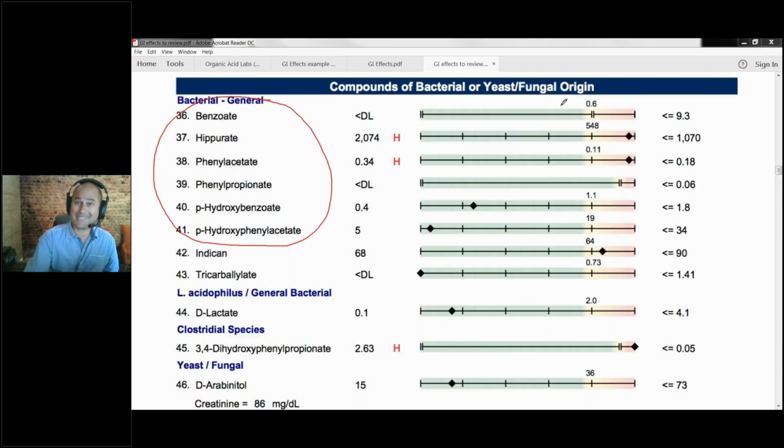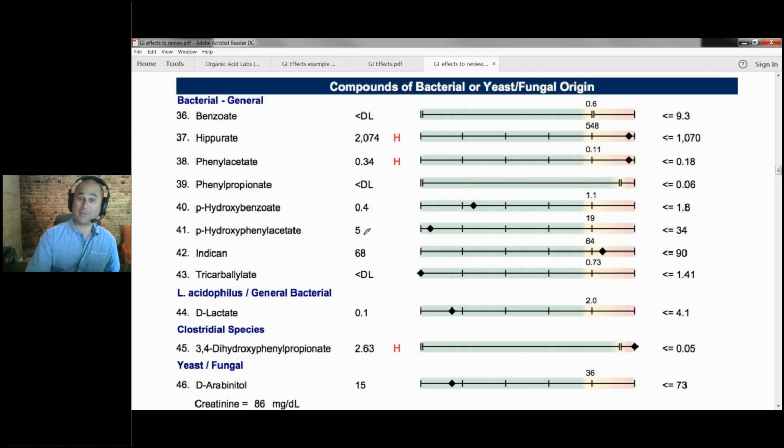And where you want to see these markers is in the high end of the normal range. That's not a bad thing. That's not SIBO, okay? It's the opposite of SIBO. Remember, these are showing you, is the person eating enough fruits and vegetables that they're getting these polyphenols to drive these byproducts up.